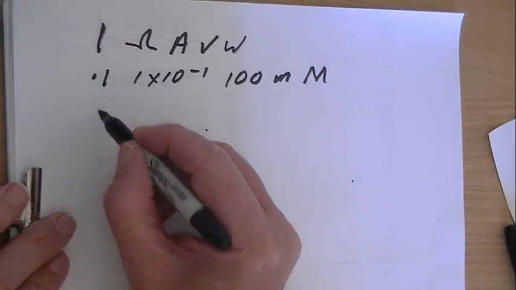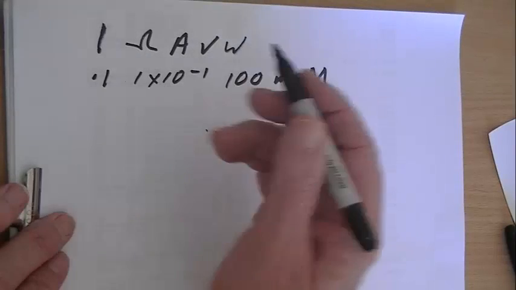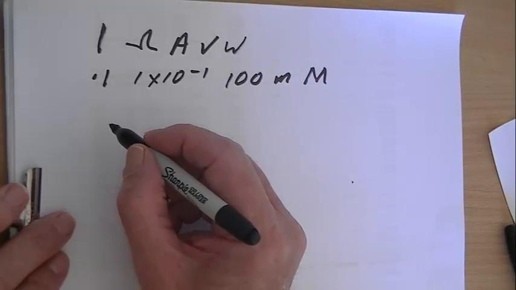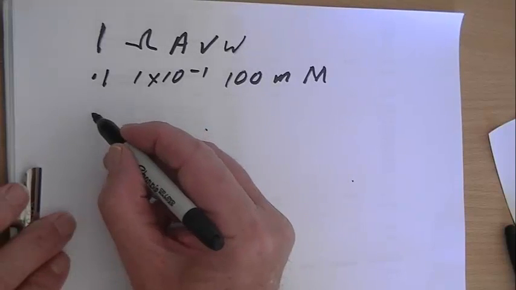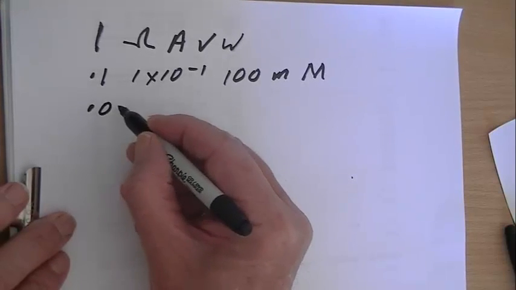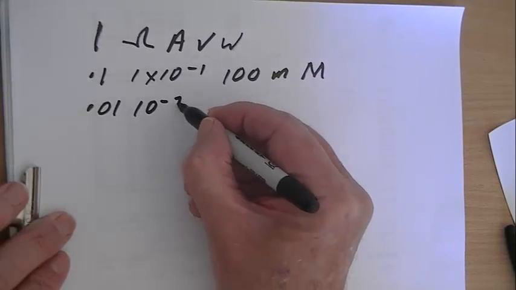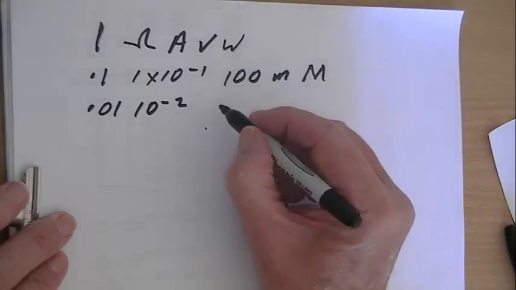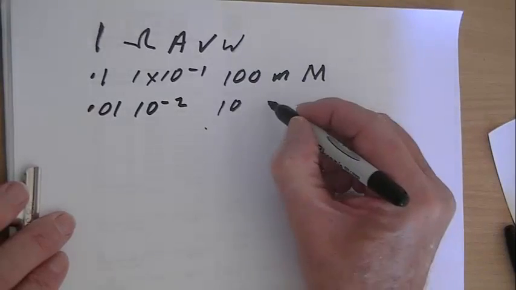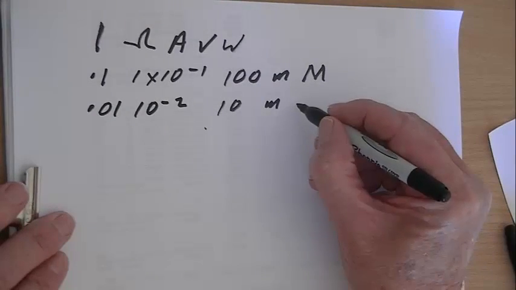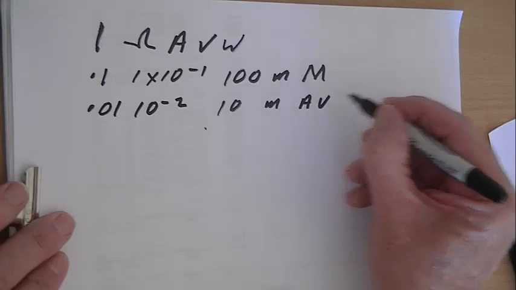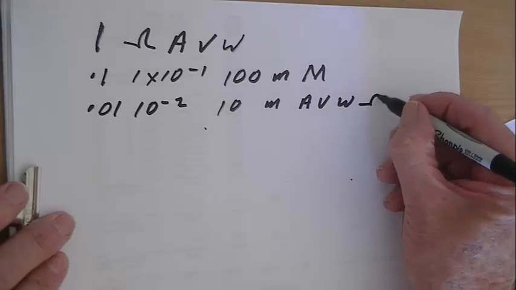You'll hear me talking in these terms all the time, particularly when we're designing and building a multimeter. 0.01 is 10 to the minus 2, and it is 10 milli whatever. Could be milliamps, millivolts, milliwatts, milliohms.